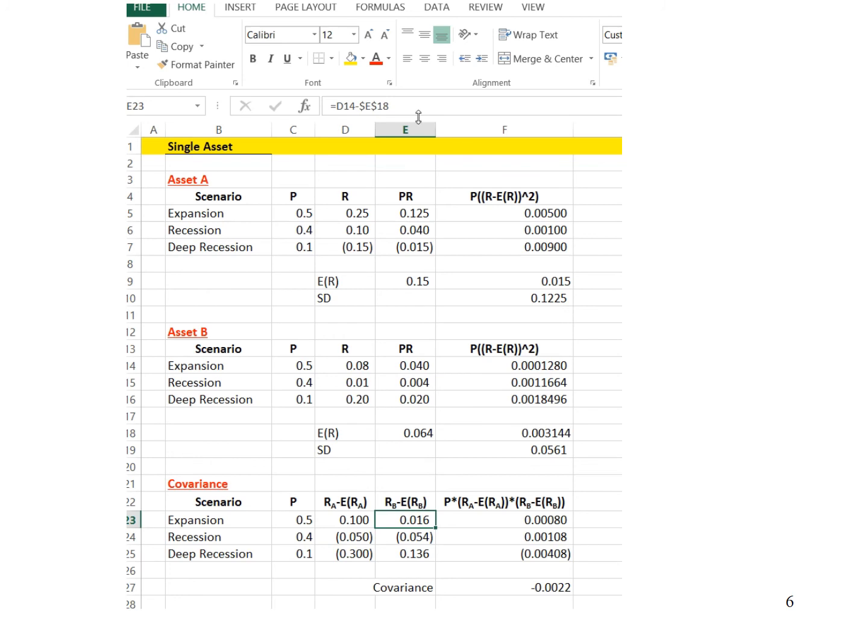We also perform the same function for asset B. We take the return of asset B minus the expected return of asset B. After that, we are going to multiply the three figures together. Covariance is obtained by adding these three answers together.